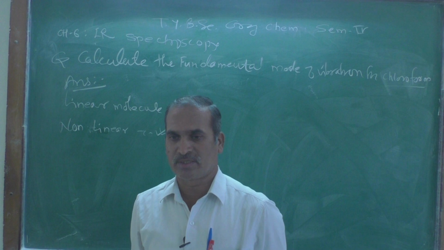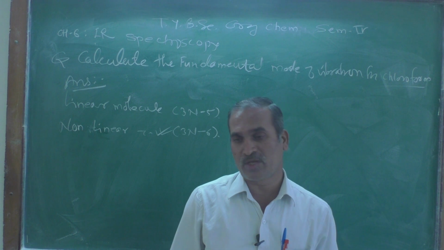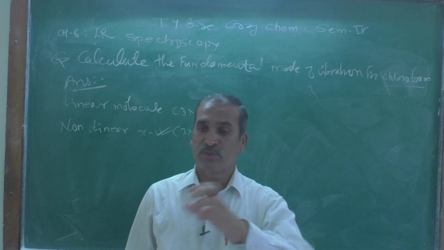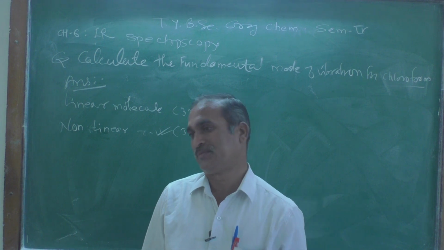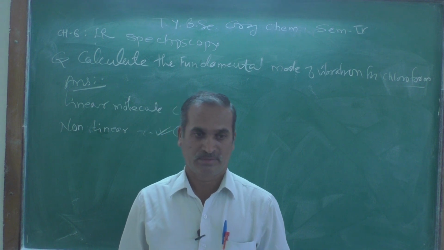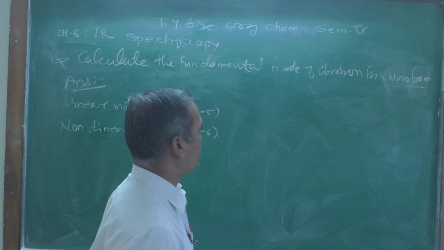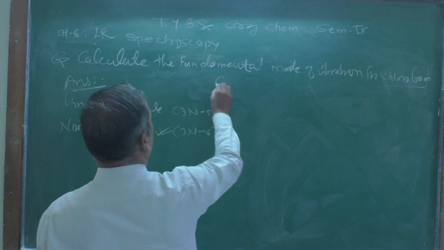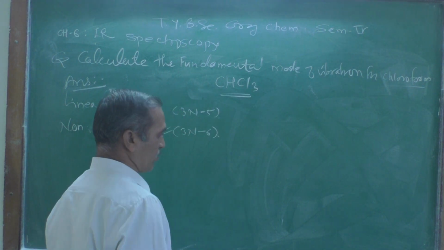But if chloroform is given and the chemical formula is not given, it is written in words, so here you have to think, you have to recall what the chemical formula of chloroform is. Maybe 99% of you might know the structure of chloroform will be this one, CHCl3. This is the formula for chloroform.